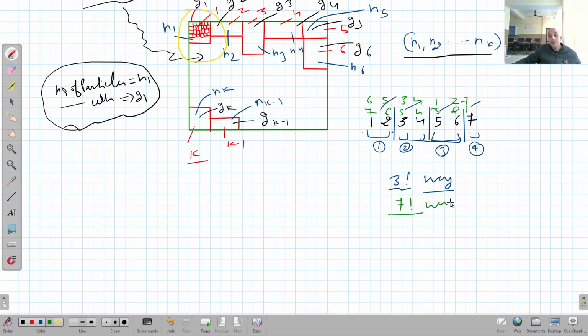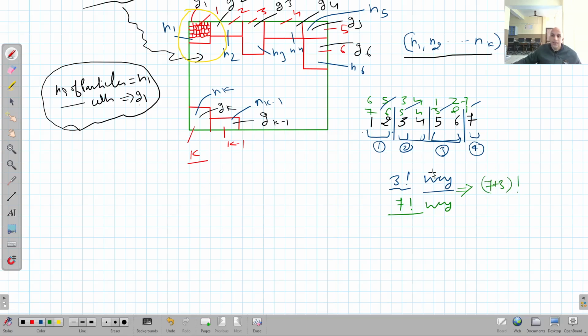Clear? So if I consider both the factors, the number of particles plus the number of ways of creating the partitions, then this is equal to 7 plus 3 factorial.